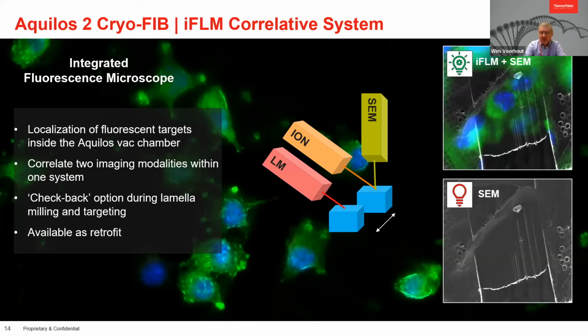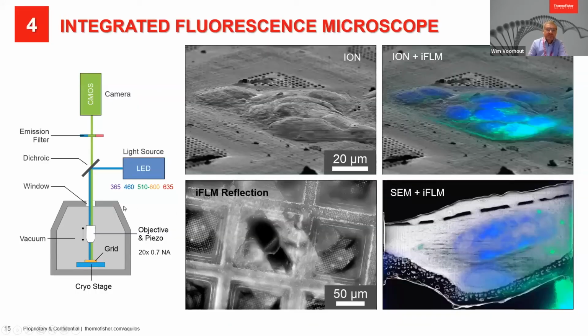Of course, each transfer step has a risk of contamination or damaging your sample. So that was the main reason to integrate the fluorescent light microscope into the chamber of the dual beam, where we can now do the fluorescent imaging and the SEM imaging on the same sample.